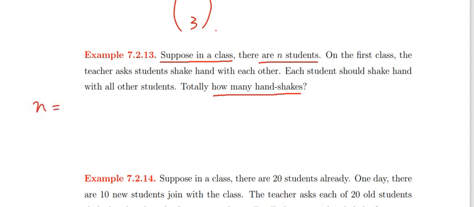We have only 3 students, like A, B, C, right? Then A should shake hands with B or C, right? And B shook hands with A, so BA. We say AB, BA same, so we don't need to count BA, right? A shook hands with B, A shook hands with C, and then B shook hands with C. So we have 3.